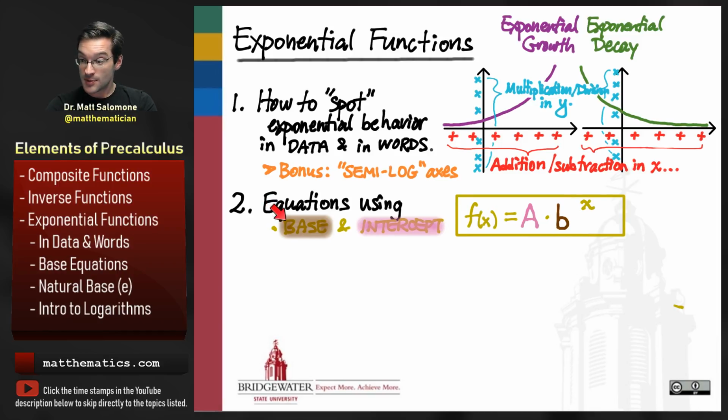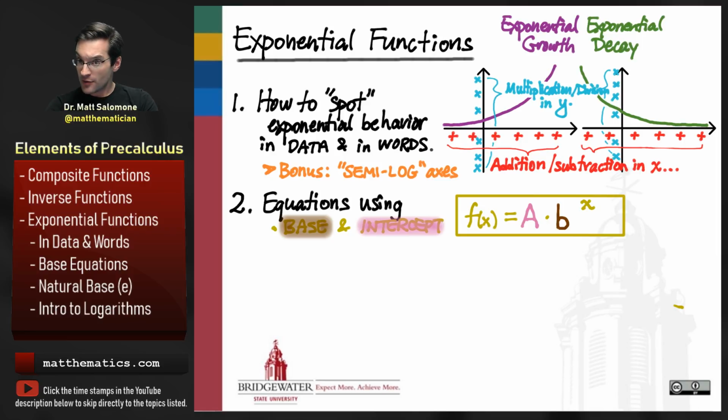And the base of an exponential expression is going to be found right here. And the exponent on that base is going to be our independent variable. So one form of an exponential equation is going to be y, or f of x, equals a times b to the x. To me, this is the most illuminating way to write down the equation of an exponential function.